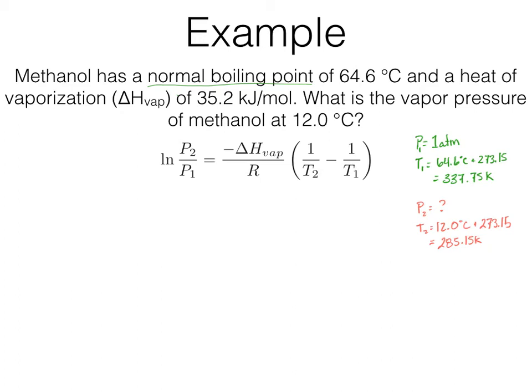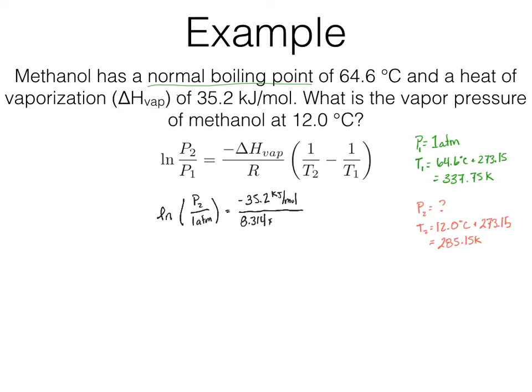So now I'm going to plug in my values and start solving my problem. P2 is what I'm trying to solve for. P1 is 1 atmosphere. The natural log of P2 over P1 equals negative delta H of vaporization, which is given to me as 35.2 kilojoules per mole, over R, 8.314.